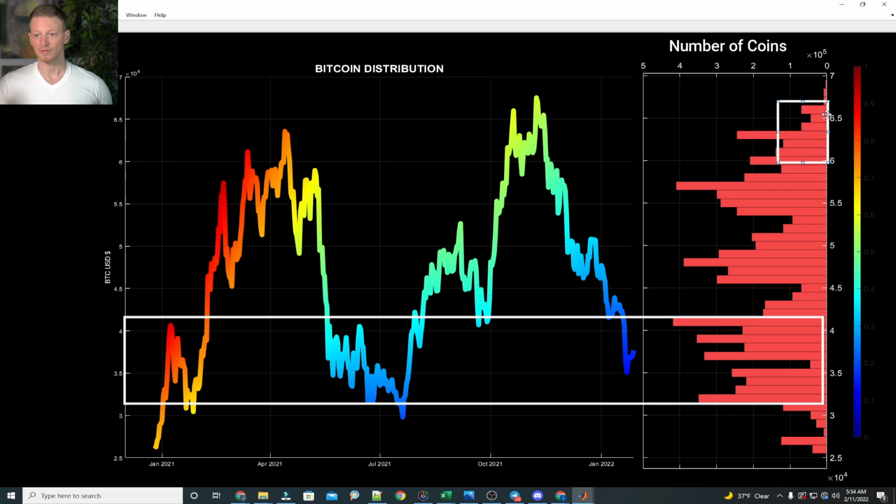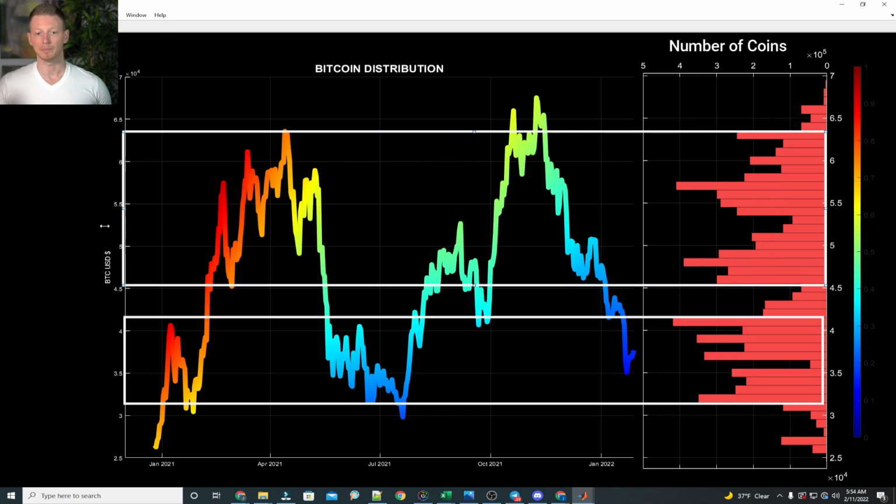Well, we also have a large number of holders in this 46K up to around the 64K level. So what this is telling us is that one of two things could potentially play out here.